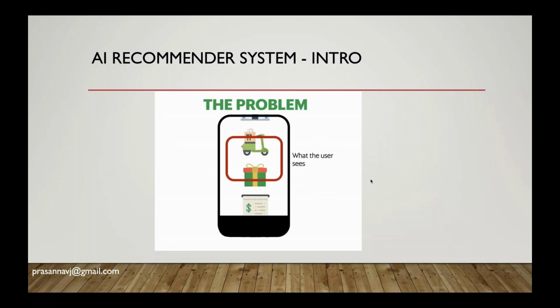Gone are the days of old static websites, where it does not matter what type of users are accessing or how the users are interacting. Now even many of the banking and insurance services have come out with personalized recommendations.